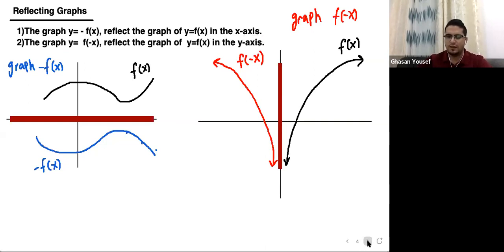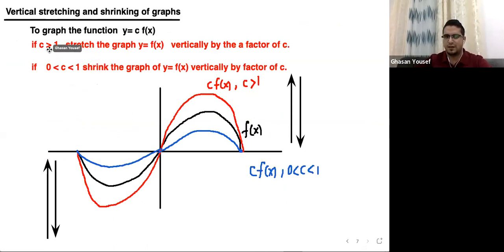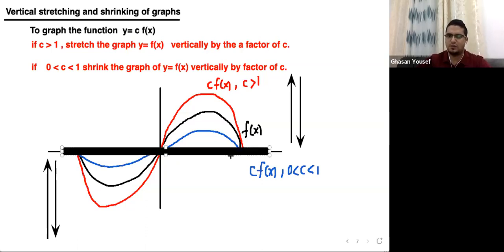And for the 3, which is greater than 1, we have to do stretching vertically, like the red one. Then we have to reflect it around the x-axis, like putting a mirror on the x-axis.